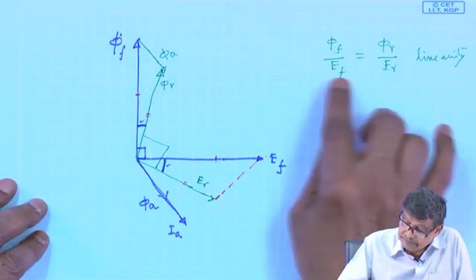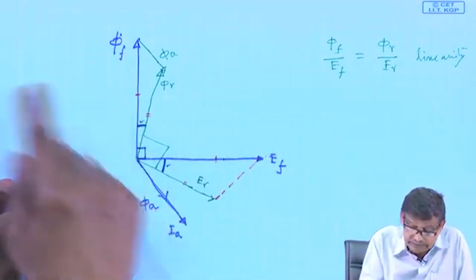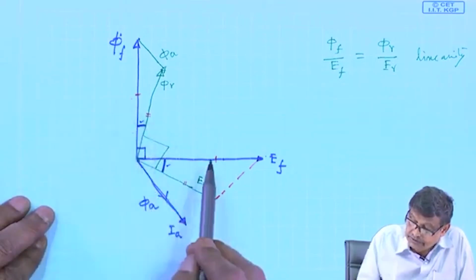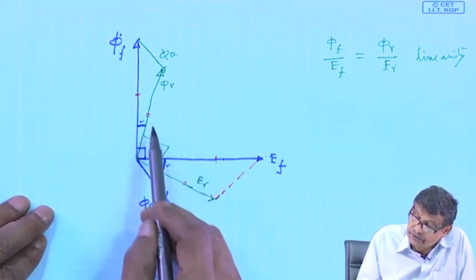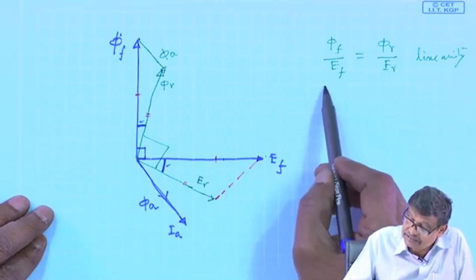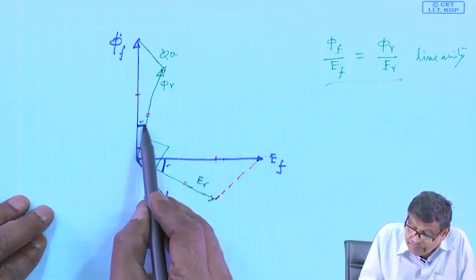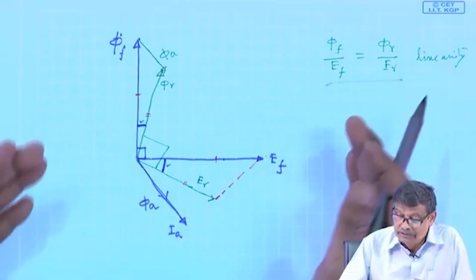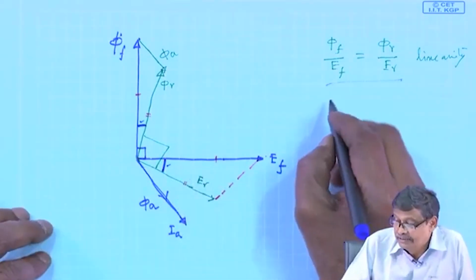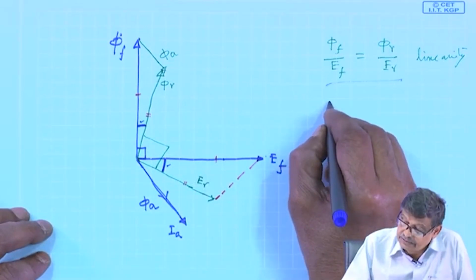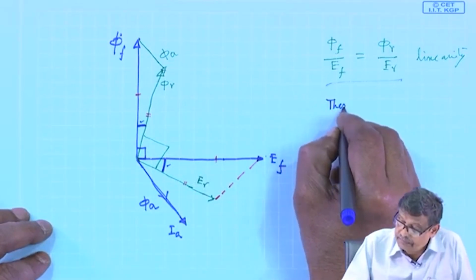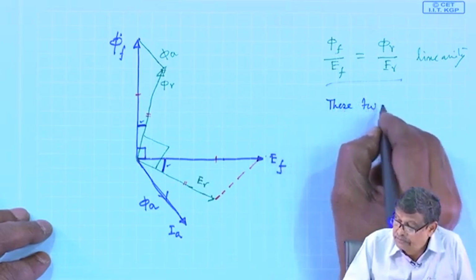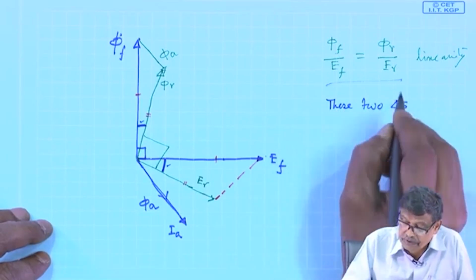Therefore, this condition, that this is to this is equal to this is to this, and the angle between these are the same. These two combined, we can say these two triangles, which triangle?